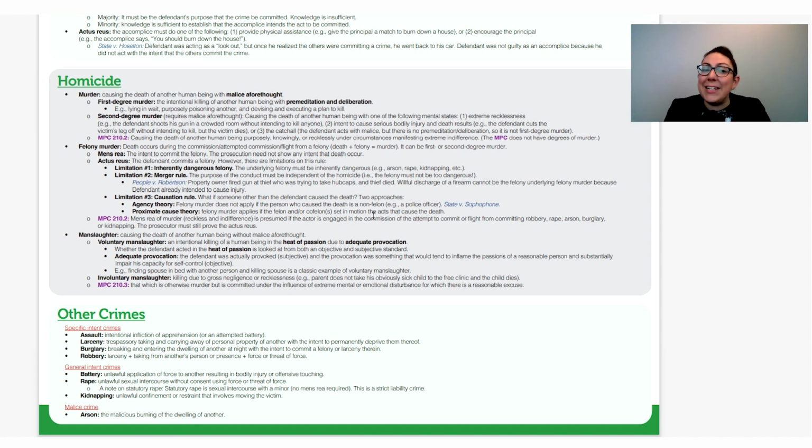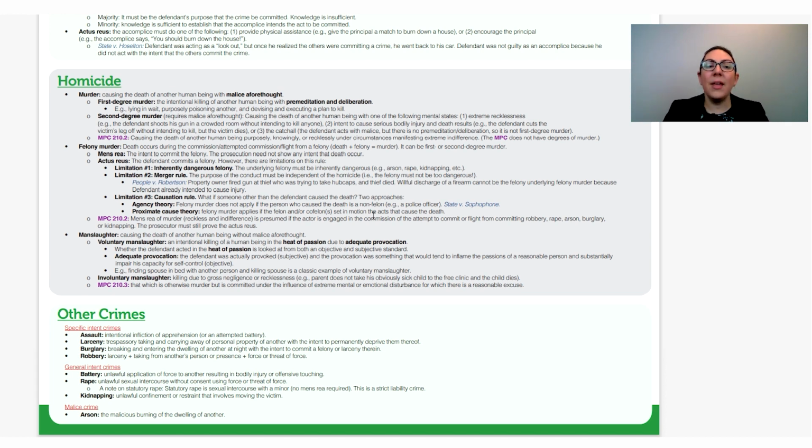Whether the person acted in the heat of passion is looked at from an objective and subjective standard, meaning that this person was actually subjectively enraged and a reasonable person would have been enraged. Same thing for adequate provocation. We want to make sure the defendant was actually provoked and a reasonable person would have been provoked by this.